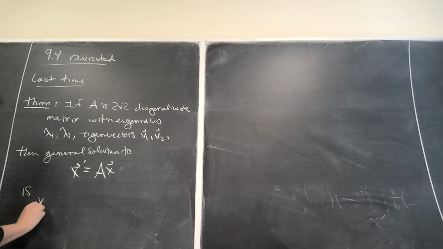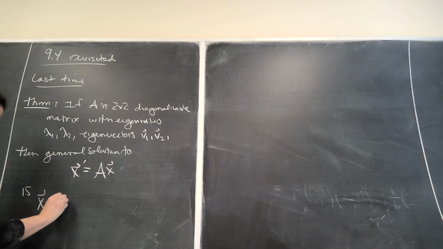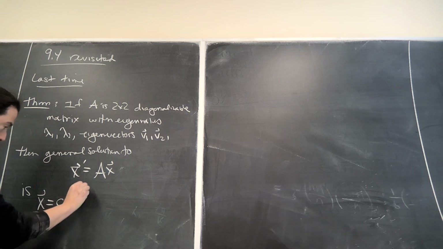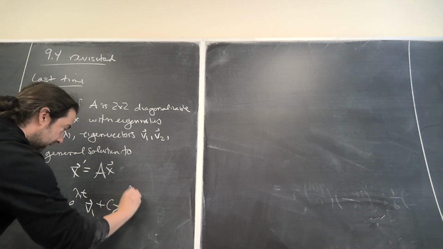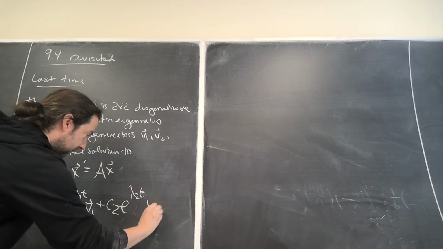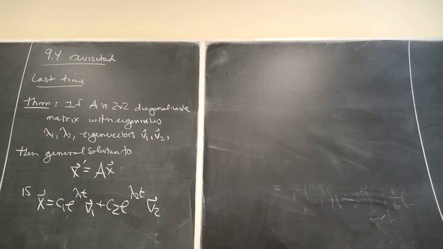That's going to have the form x is equal to c1 e to the lambda 1 t v1 plus c2 e to the lambda 2 t v2. I don't need to do any work. All that stuff we did with the algebra, with the substitution step and the boiling it down to diagonalization was essentially to argue that this theorem is what you need to know.